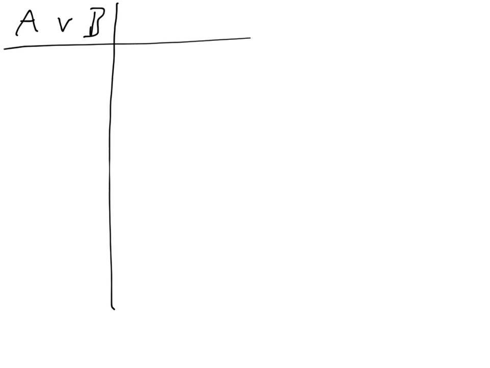Next, we're going to do A or B. Let me write it out for you just so it's easier on your side. We're going to do A and B again: true, true, false, false, true, false, true.